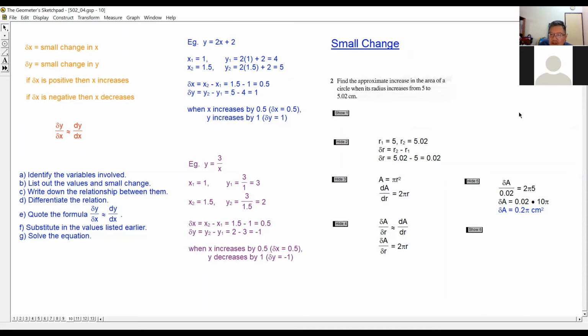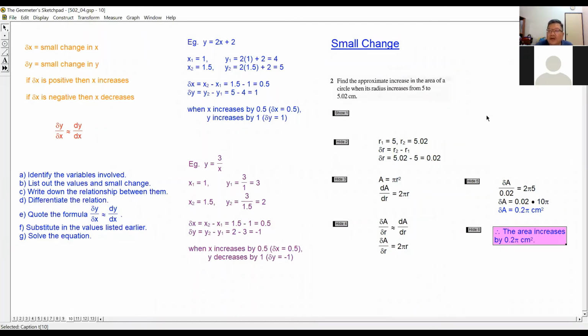So the small change in A is 0.2 pi. That means the area increases by 0.2 pi. Area increases here means the delta A, the small change in A.